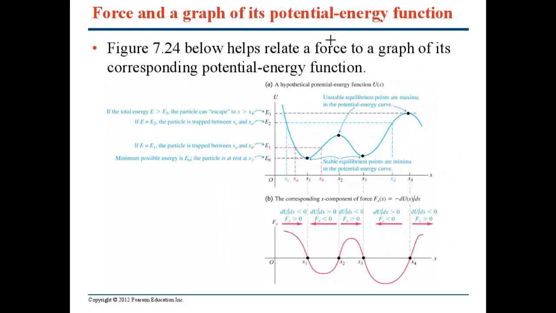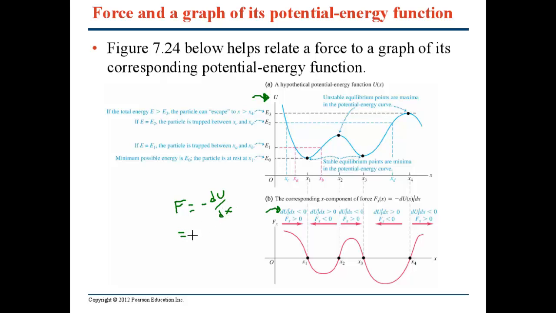The last thing I want to talk about with potential energy functions is, if we're looking at a graphical representation of the potential energy, the slope or the derivative of that tells us something about the force, remembering that the force is equal to the negative derivative with respect to x.